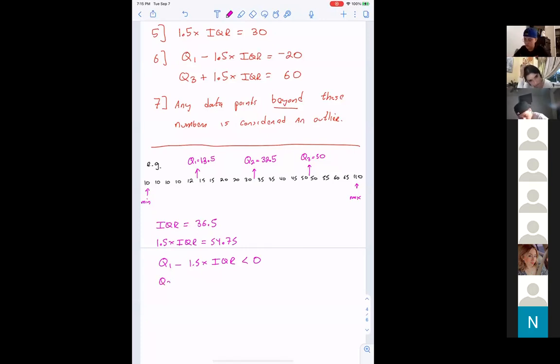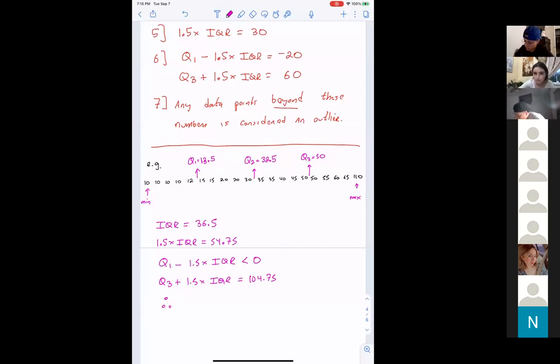What is Q3 plus 1.5 times the IQR? 104.75. As a result, are there any outliers or suspected outliers?